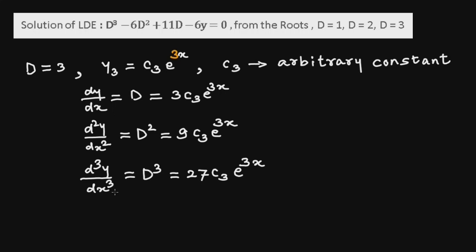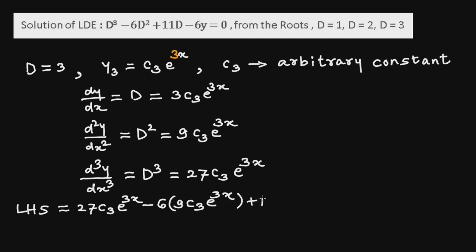Substituting these values in the linear differential equation, left hand side will be 27c3 e raised to 3x minus 6 into 9c3 e raised to 3x plus 11 into 3c3 e raised to 3x minus 6 into y, which is c3 e raised to 3x.